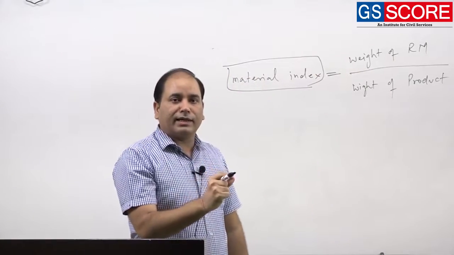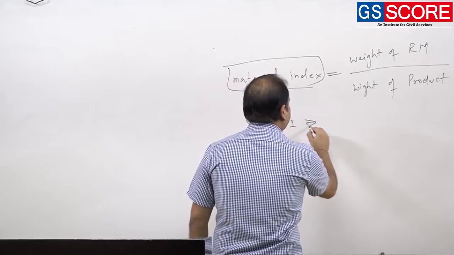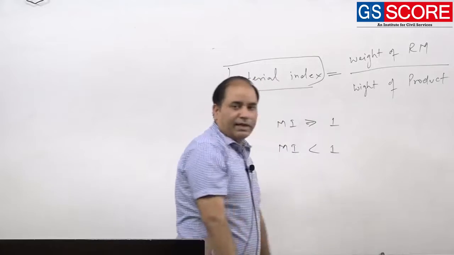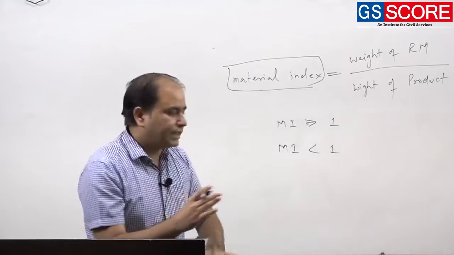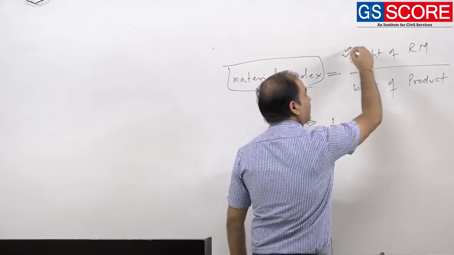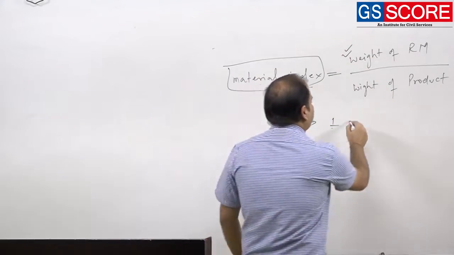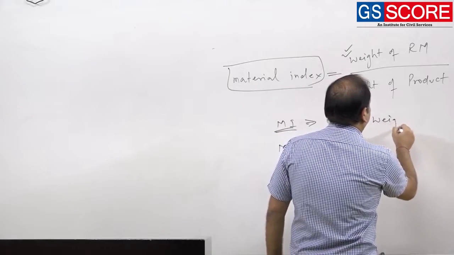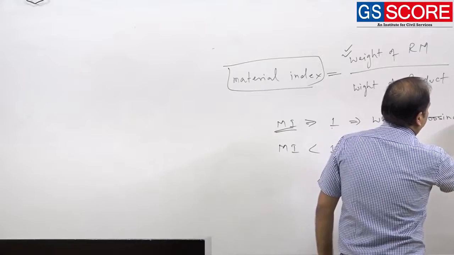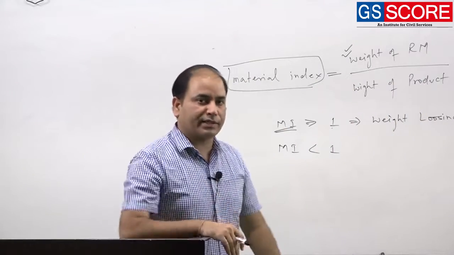Based on the material index, you will get the value of Mi either greater than 1 or less than 1. He suggested that if Mi is greater than 1, it means the weight of raw material you are using is more, so it will be a weight losing raw material, and the industry will be a weight losing industry.